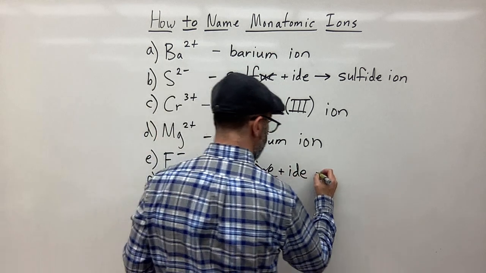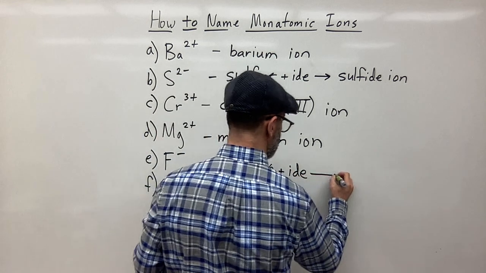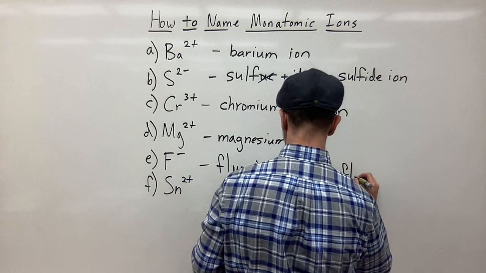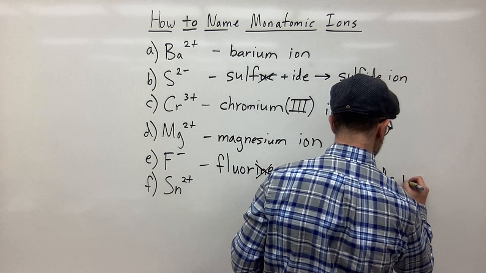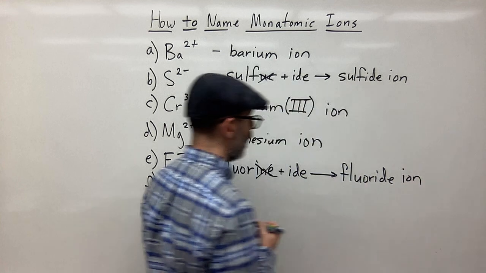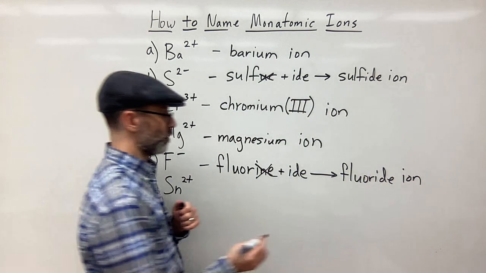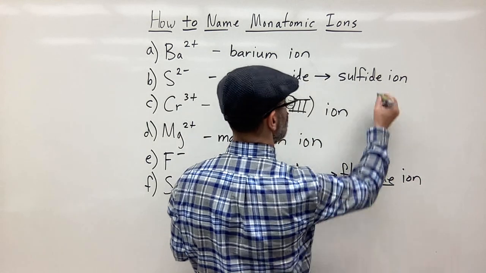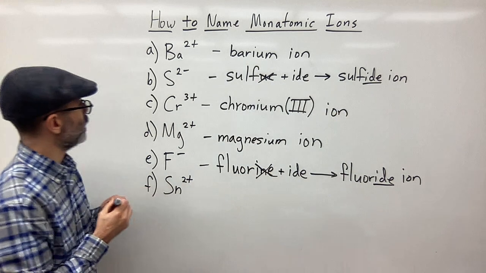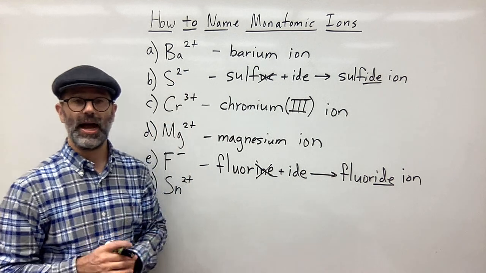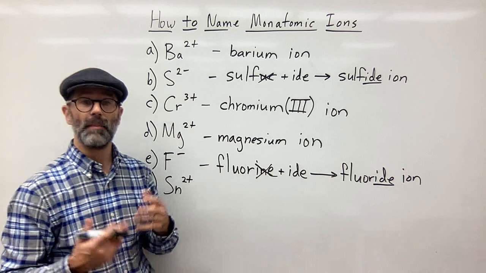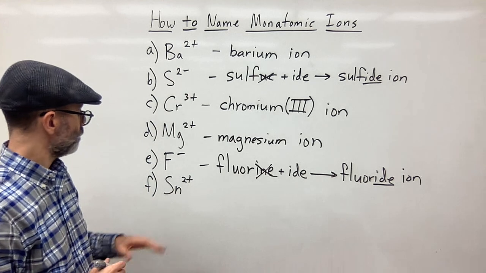So this is going to become fluoride plus the word ion. So fluoride ion. Notice the IDE ending matches with negative ions. Negative ions are going to have the IDE ending for the monatomic ions.